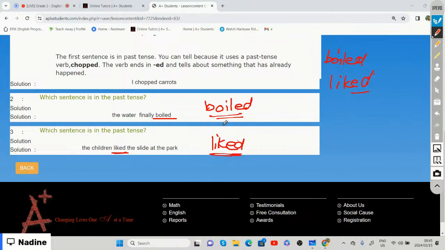So if the water finally boiled and we wrote down the word boiled, and with liked, here we just added a D because our word ended with an E. So if our word ends with an E, then all we do is we add a D to show the regular past tense verb, right?